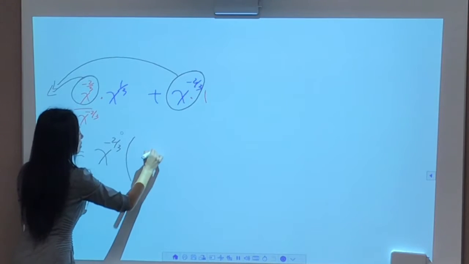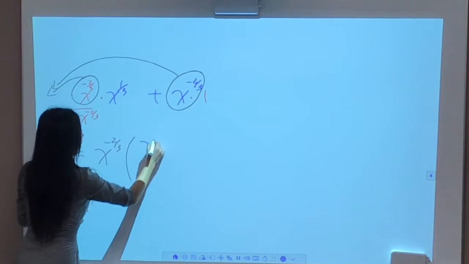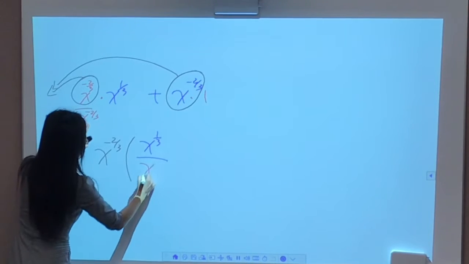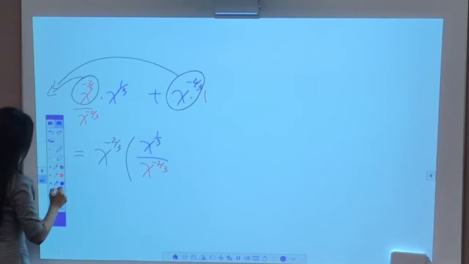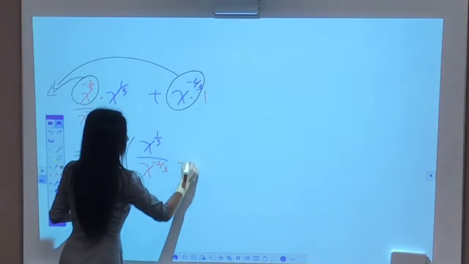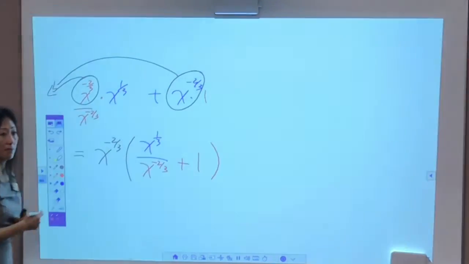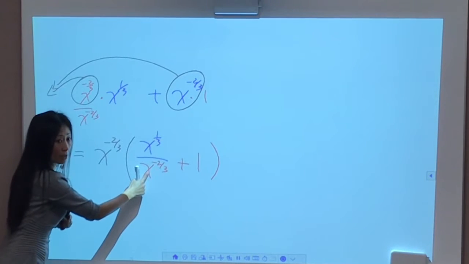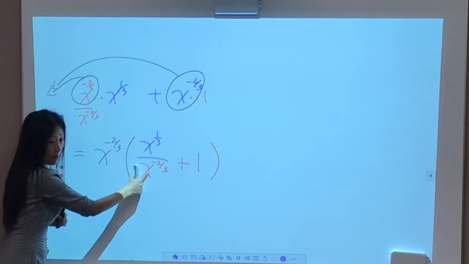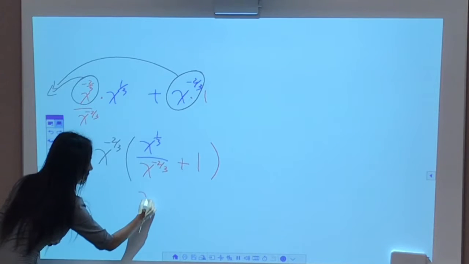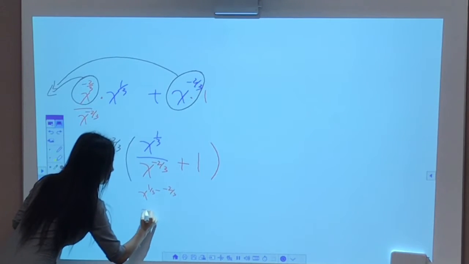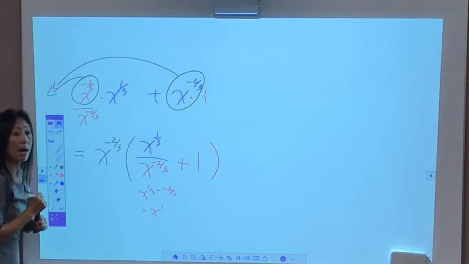X to the 1/3 divided by x to the negative 2/3, plus 1. Is everybody with me again? This is the same as x to the 1/3 minus 2/3, which gives you x to the 1 power.